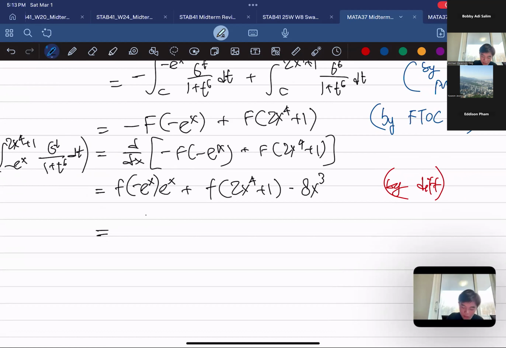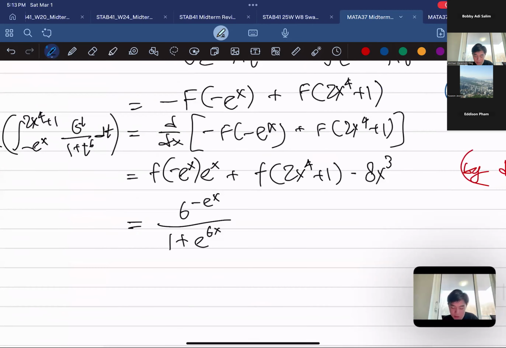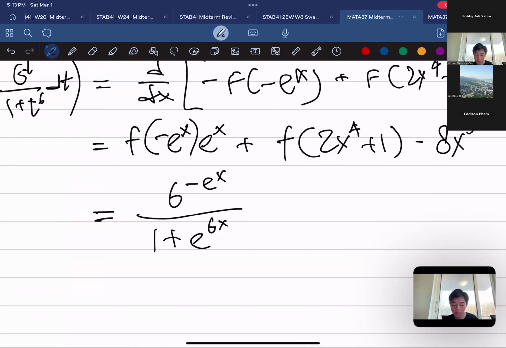In this case, for our first component, we have our exponent negative e to the x over 1 plus t. But then the t is to the power of 6, right? T to the power of 6 is a positive power, so the negative is gone. And don't forget, we still have this, so we have to write it somewhere here.